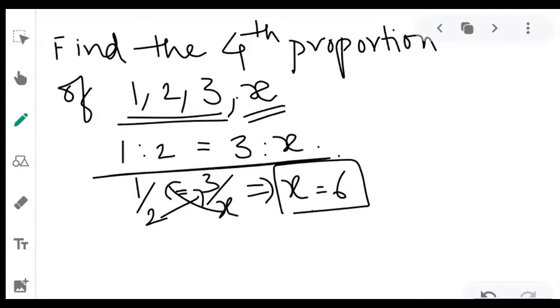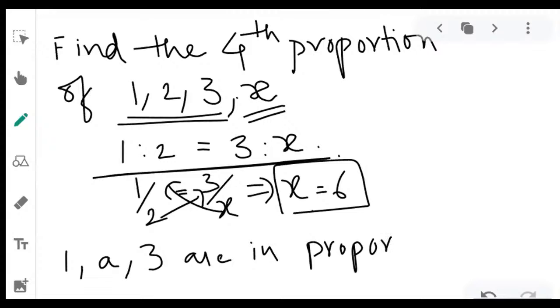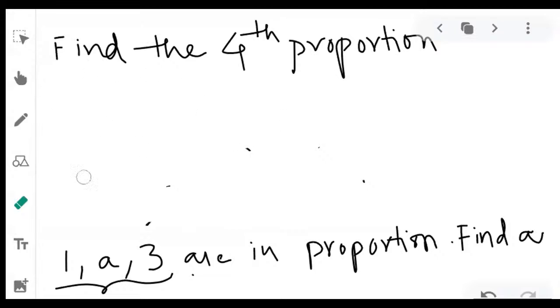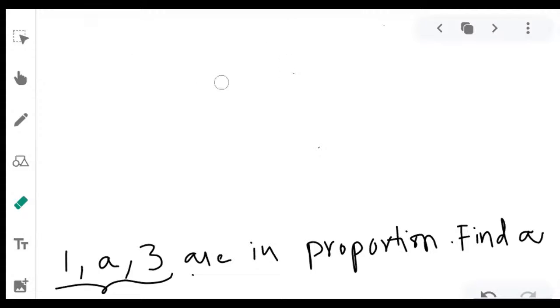If they say 1, a and 4 are in proportion, find a. If they give only 3 numbers are in proportion, then you have to write it as 1 is to a equal to a is to 4.